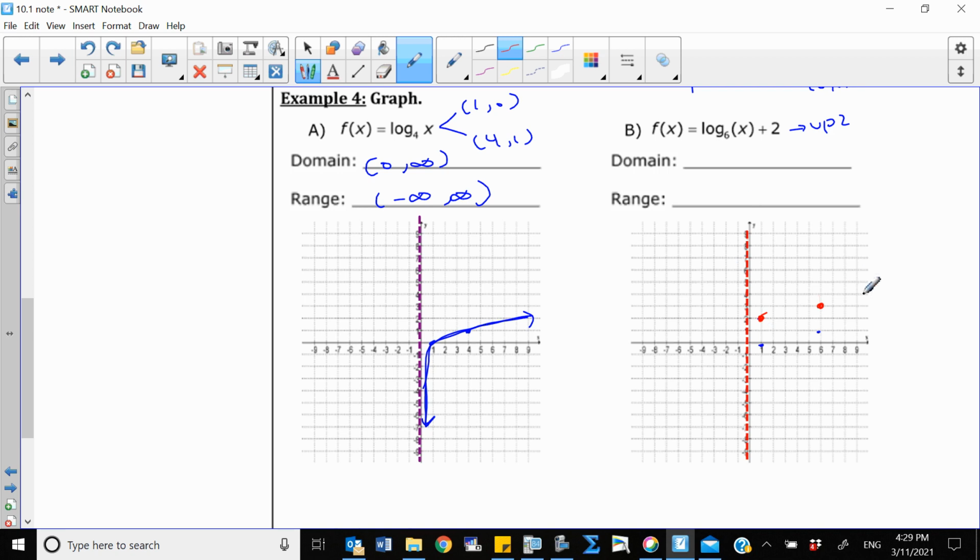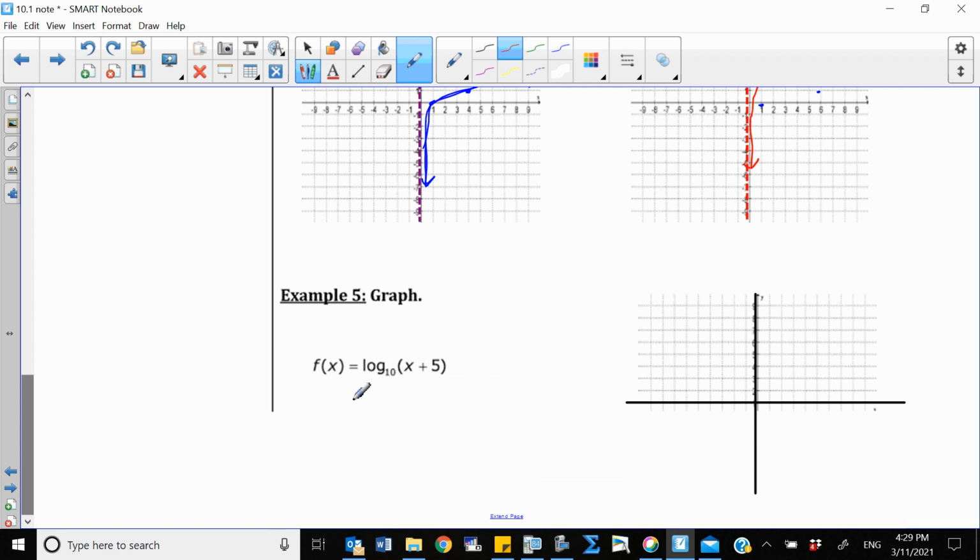So the asymptote will not change. So my graph is going to look like this now. So this is the graph of this function. Domain, again, starts from 0, goes to infinity. Range from negative infinity to infinity.